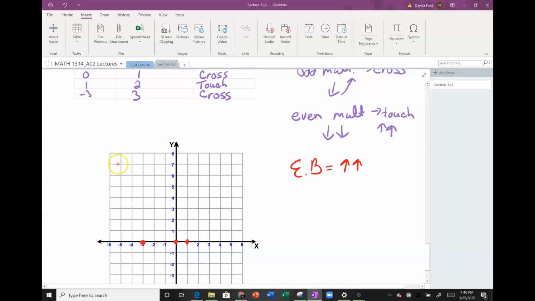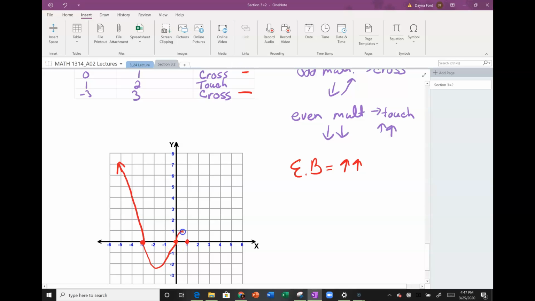So what that means is on this left-hand side, I start up and I go to my first x-intercept, which is -3. And I look at its touch or cross. It says to cross. So I'm going to cross it and then I'm going to go back to my next x-intercept, which is 0. At 0, it tells me to cross again.